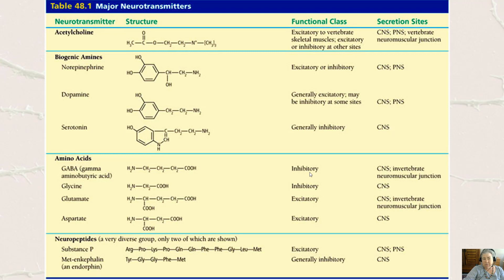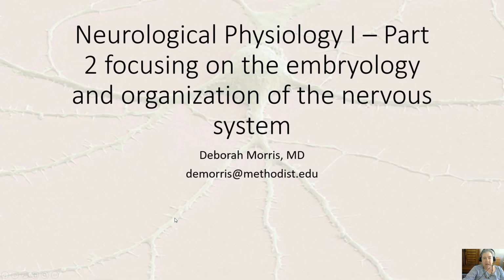Again, there are a number of drugs, psychiatric drugs, including the benzodiazepines, which interact with GABA receptors, may be agonists or antagonists depending on the drug. Other amino acids which function as neurotransmitters include glycine, glutamate, and aspartate.